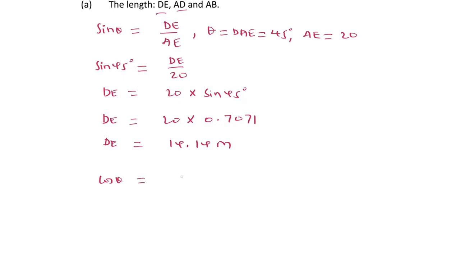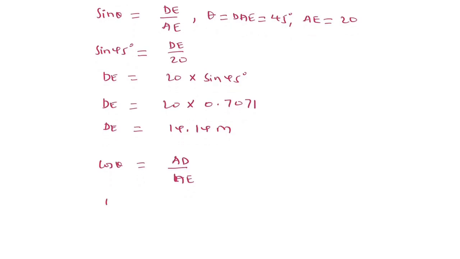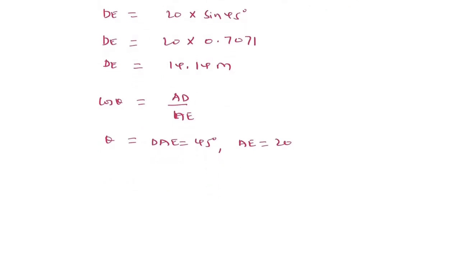Okay, so next we are going to check the length AD using the cosine formula, which says cos theta equals adjacent side, in our case AD, over hypotenuse side, in our case AE. We've been given theta equals angle DAE, which equals 45 degrees, AE equals 20 meters. Now let us substitute the values into our formula. Our equation is going to be cos 45 degrees equals AD over 20. Now let us make AD the subject.